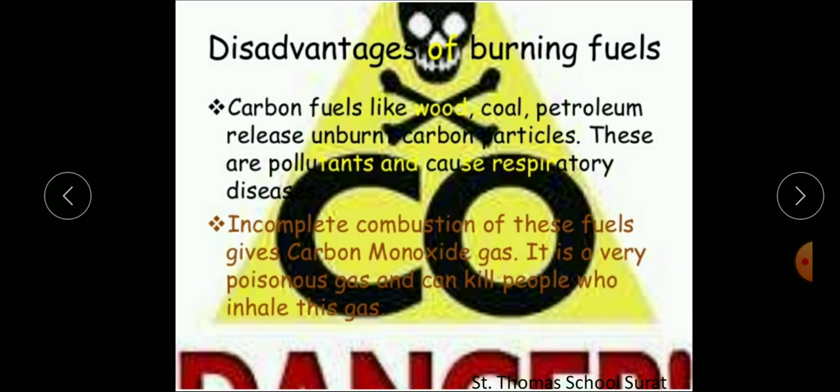When wood is burning there, what is produced? Carbon monoxide gas is produced, and it can kill the persons sleeping in that room. So better not to light any fire when you are sleeping.